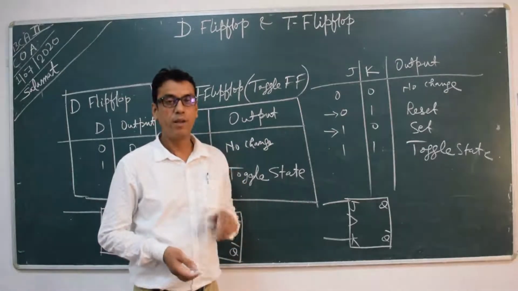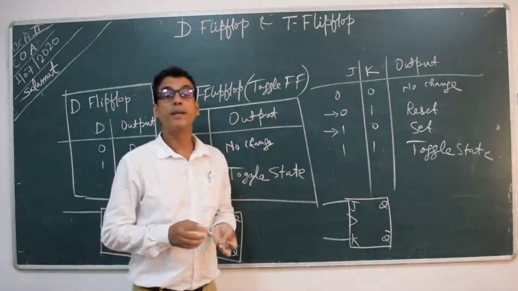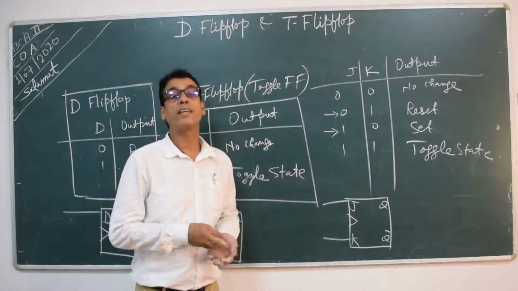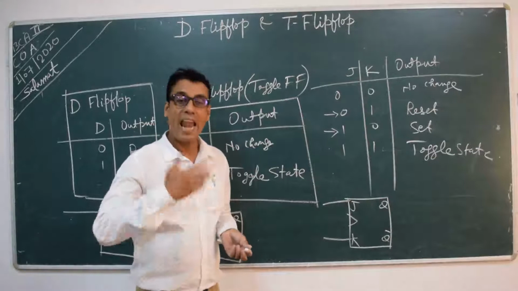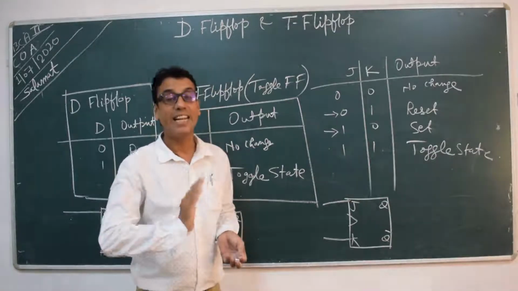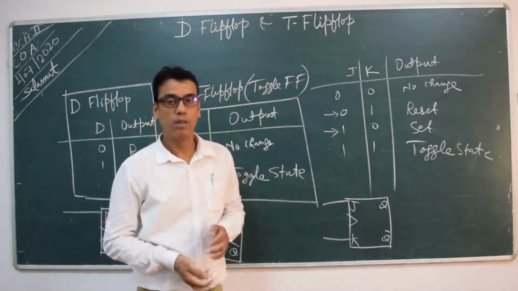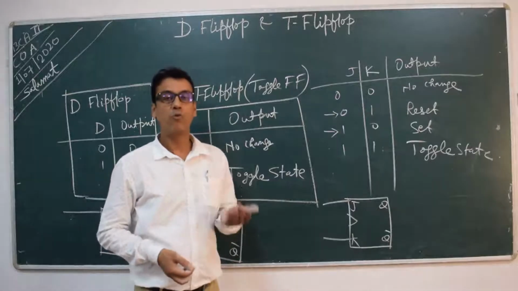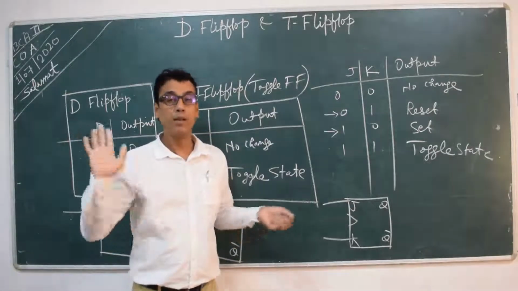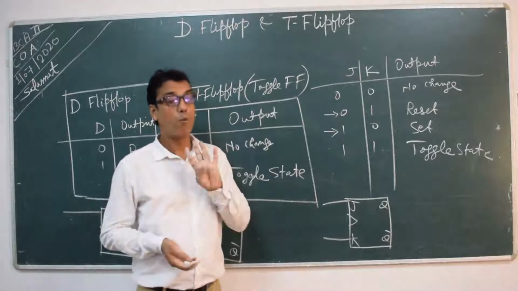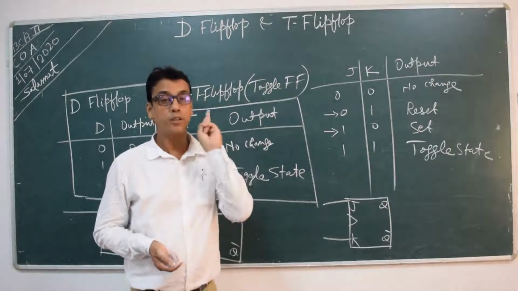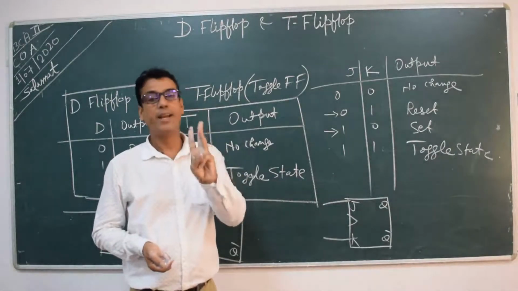Third point, flip-flop is an advanced circuit of latch. It means gated latch is known as flip-flop. And last point, the flip-flop has many types. The 4 popular types are SR, JK, D and T.